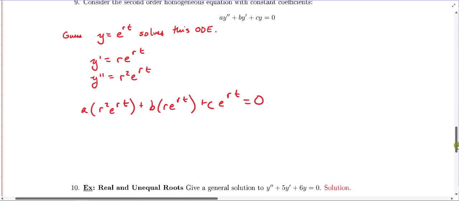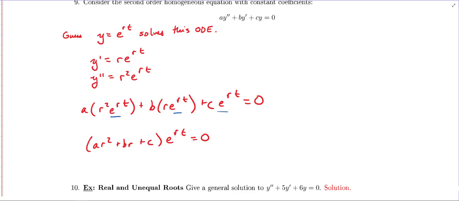And again, remember what we did is we started by saying let's suppose e to the rt solves this ODE. Well, notice that all three of these terms have a common factor of e to the rt, so let's pull it out. That leaves me with a r squared plus br plus c, times e to the rt, needs to equal 0.